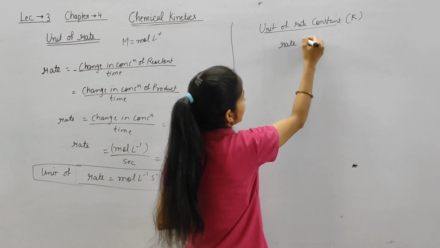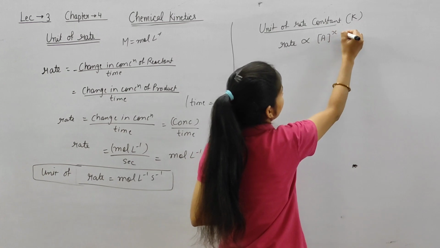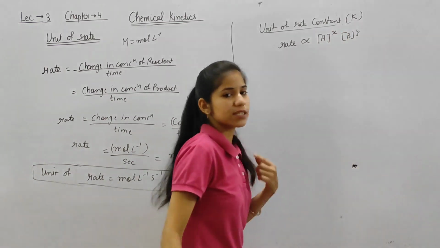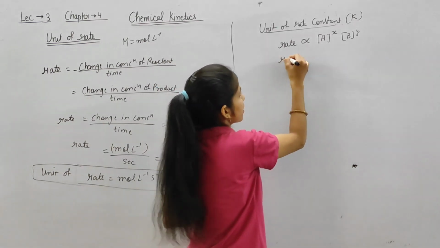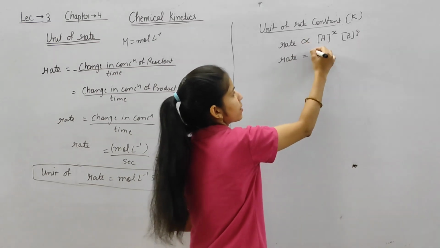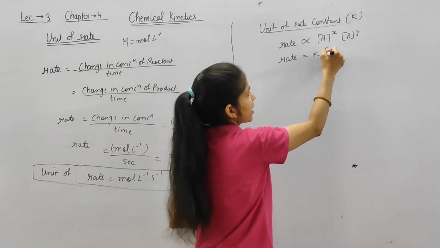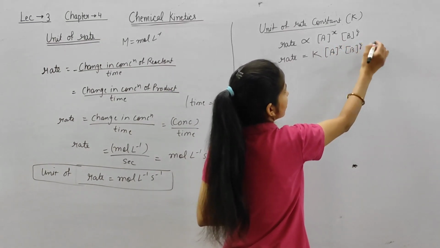Rate is directly proportional to A raised to the power x, B raised to the power y. This is the rate law, we already discussed in the last lecture. So rate is equal to K, if we remove the proportional sign, K A raised to the power x, B raised to the power y.